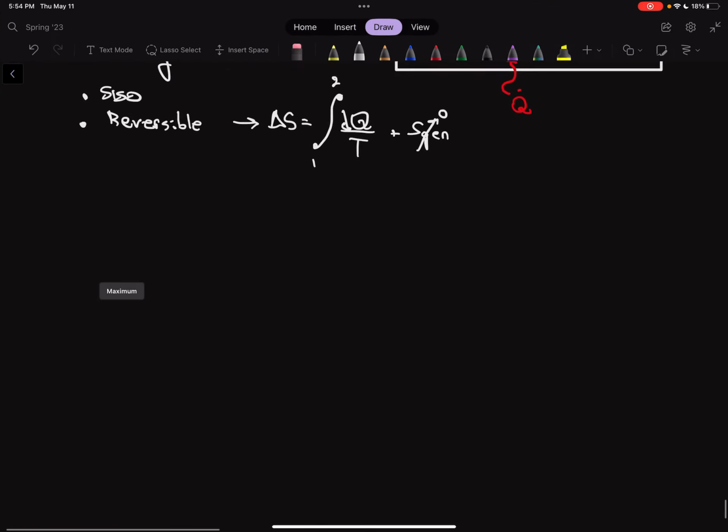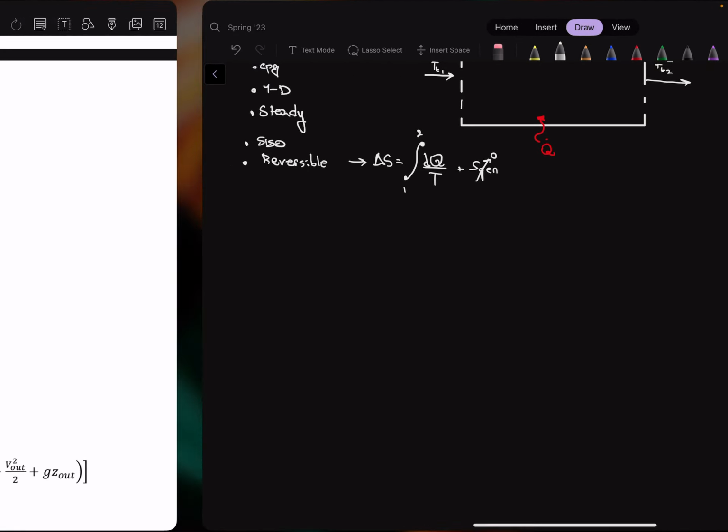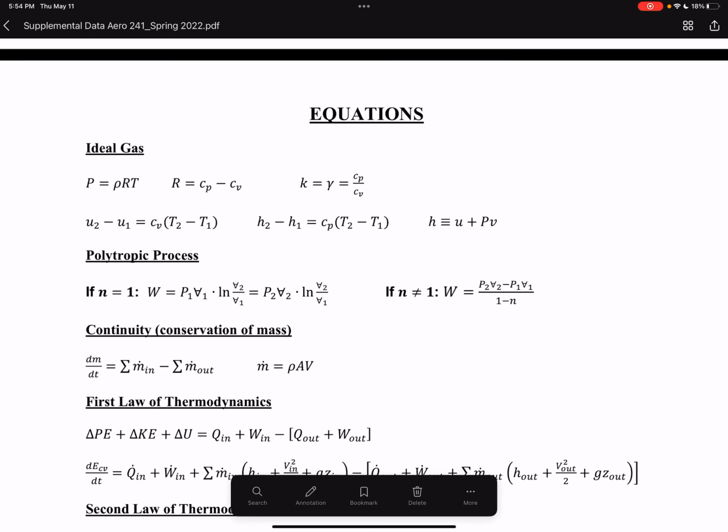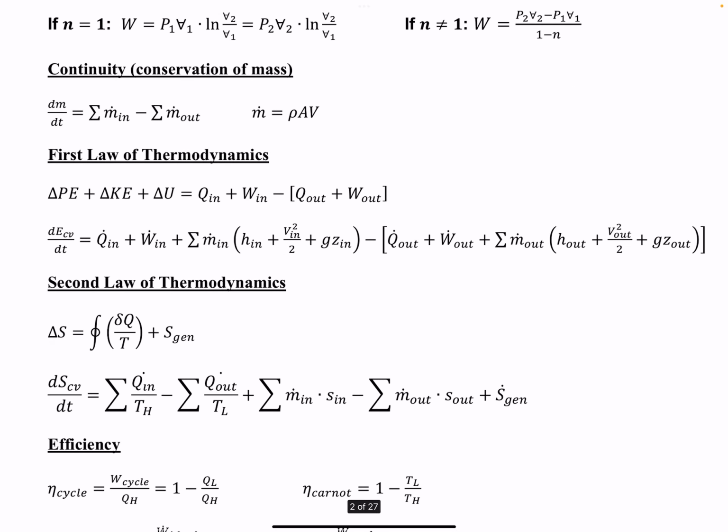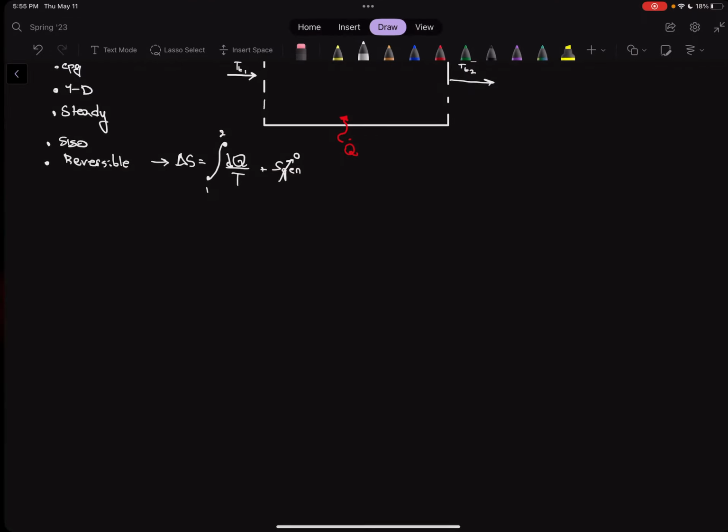So we're going to use that equation. Since it's kind of long, I can just remember it. The change in energy of the control volume divided by time is going to be equal to all the stuff coming in minus all the stuff coming out.